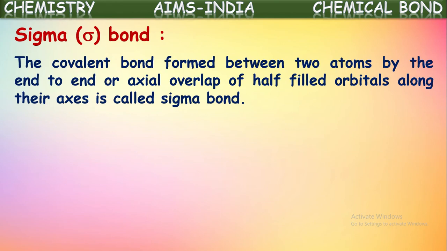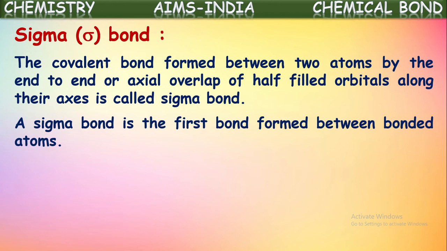The covalent bond formed between two atoms by the end-to-end or axial overlap of half-filled atomic orbitals along their axis is called sigma bond.